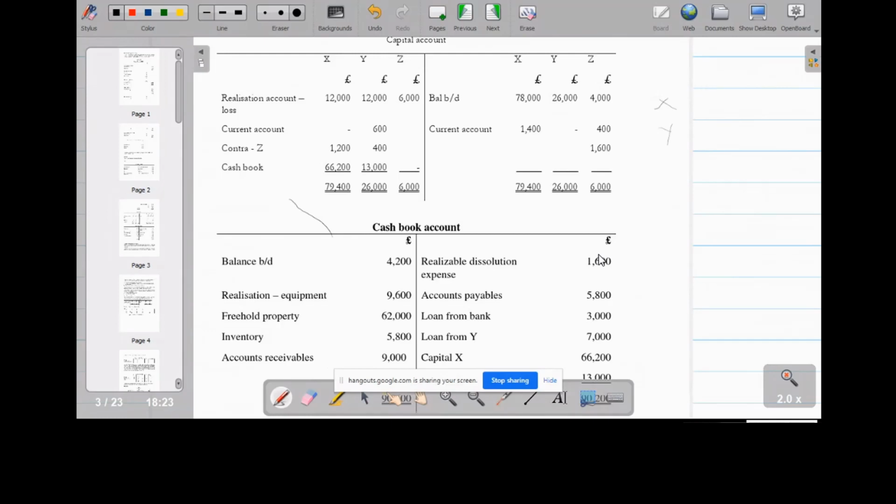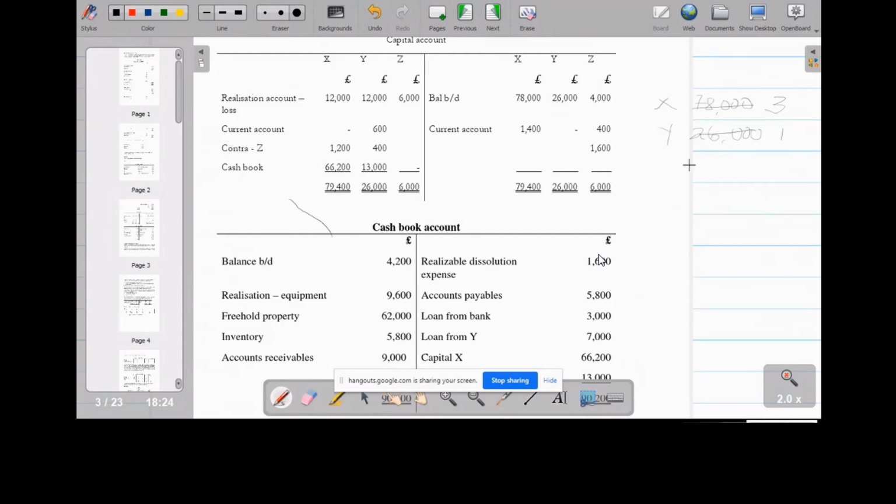Partner X is 78,000 and partner Y is 26,000. So divide by 26, this is 1. Oh, for the 2, actually I was computing for the 3. No, it is for the 2. You only deal with the solvent.